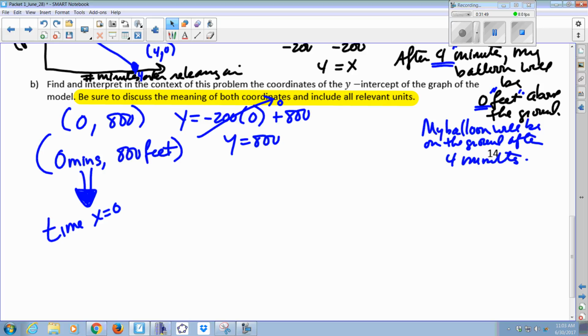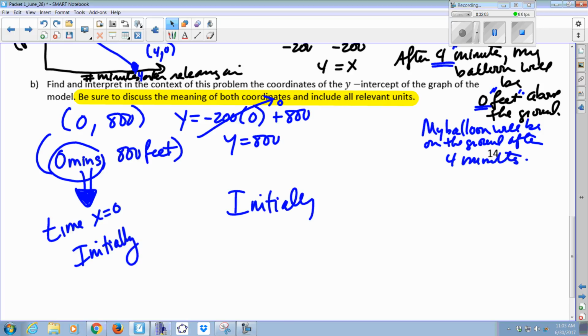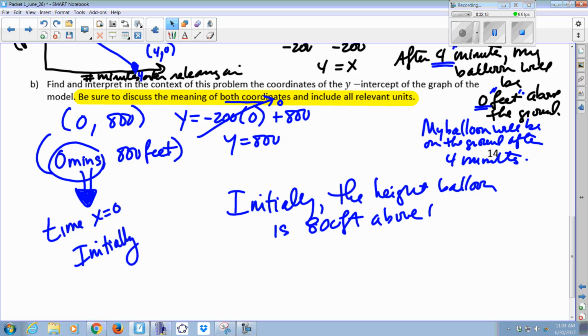The time is 0, and that's the word initially. So that implies the 0 minutes. So you can say initially, and you'll still be following this direction up here that your coordinate is given by initially. Initially, the height of the balloon is 800 feet above the ground. Okay.